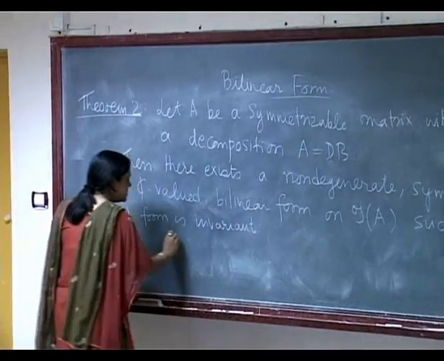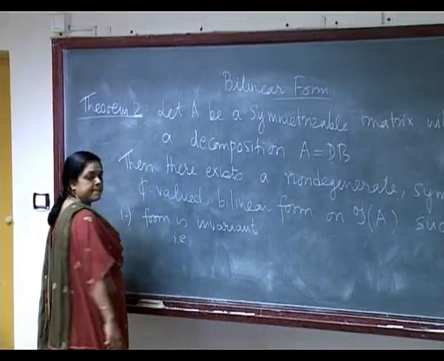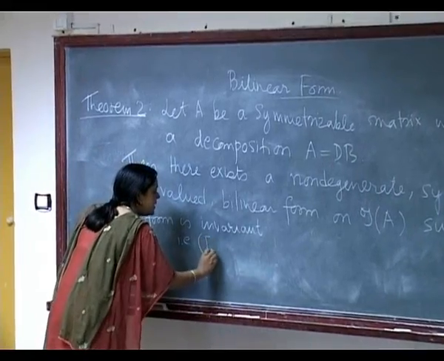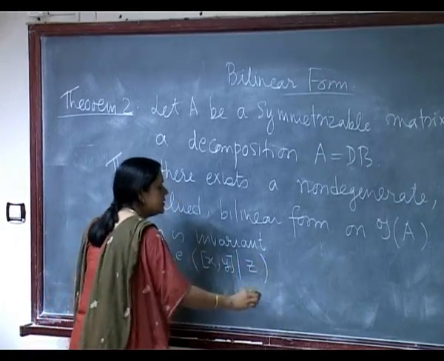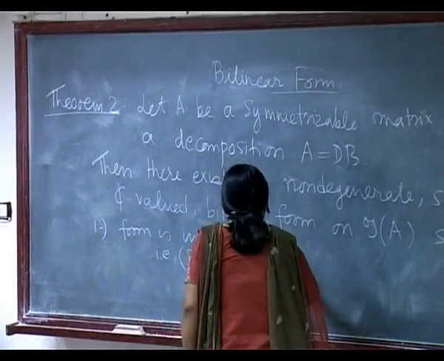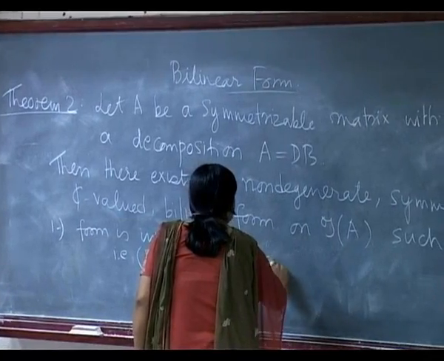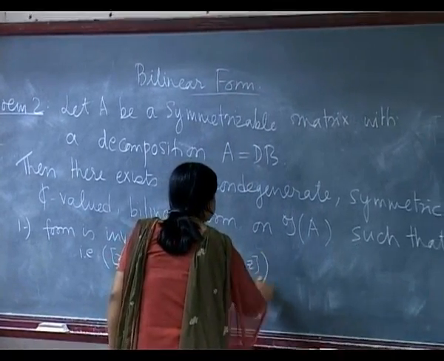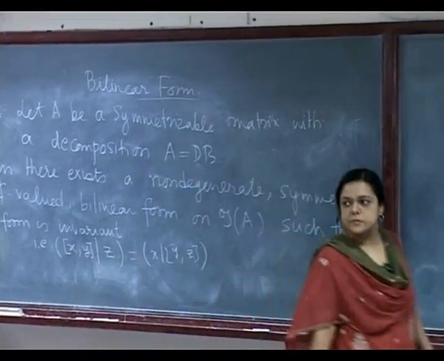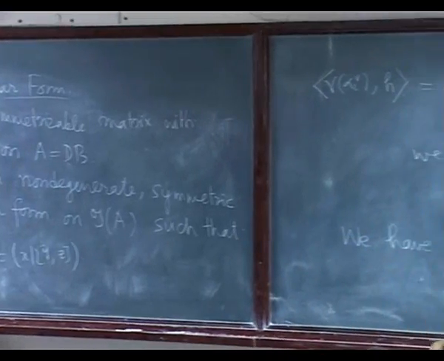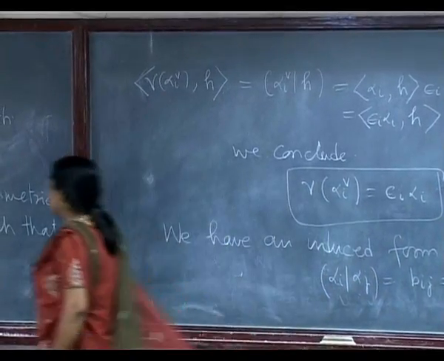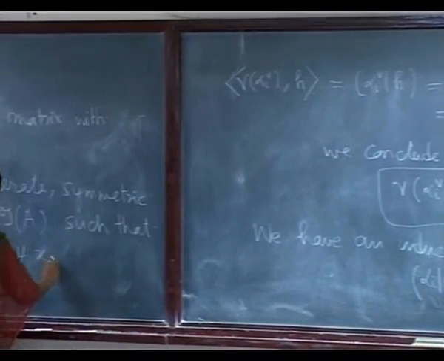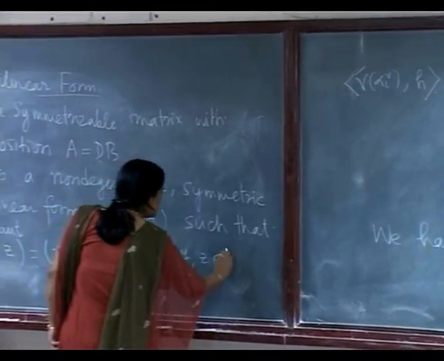That means the bracket of x and y with z is equal to x with the bracket of y and z, for every x, y, z belonging to GA.